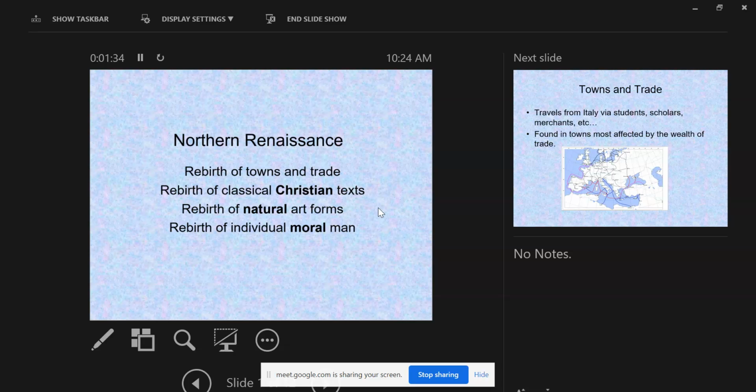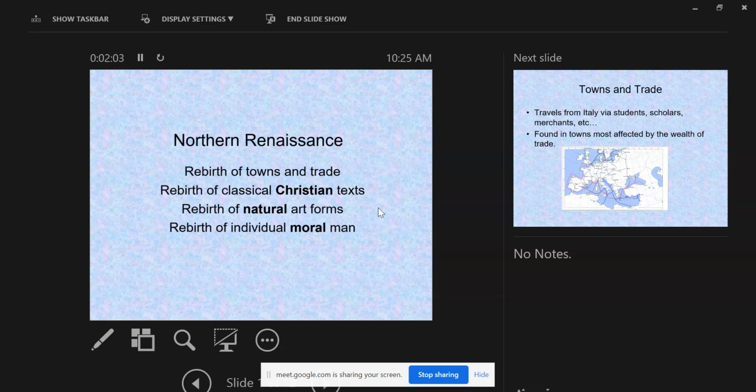And so what we have in the Northern Renaissance, how it differs from the Italian Renaissance, it does differ quite a bit. First of all, yes, there is a rebirth of towns and trade, just like on the Italian peninsula. But then also there is a rebirth of classical, and you might remember if you saw the lecture, what does classical mean? Yeah.